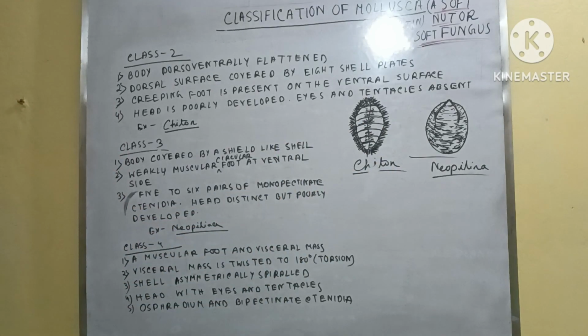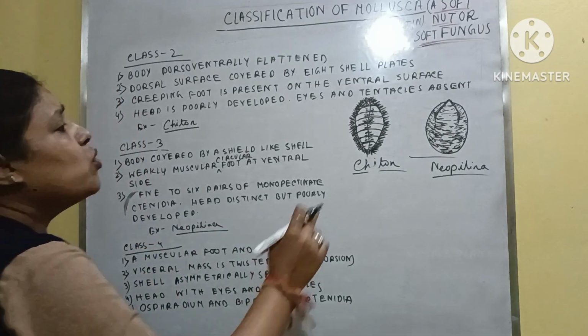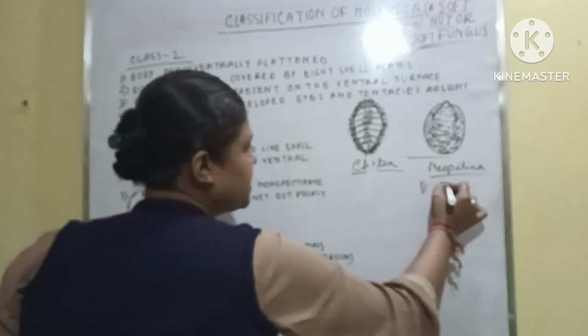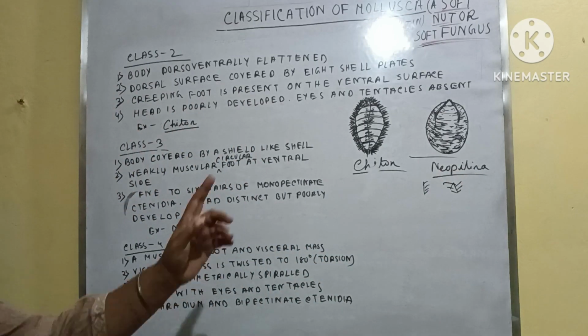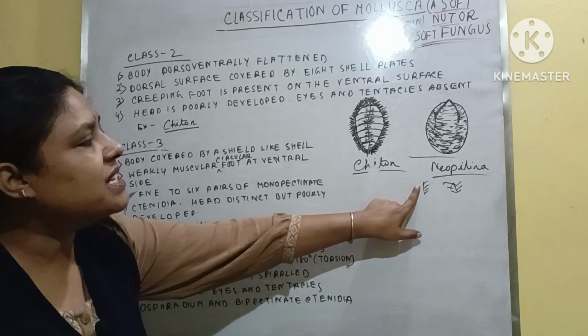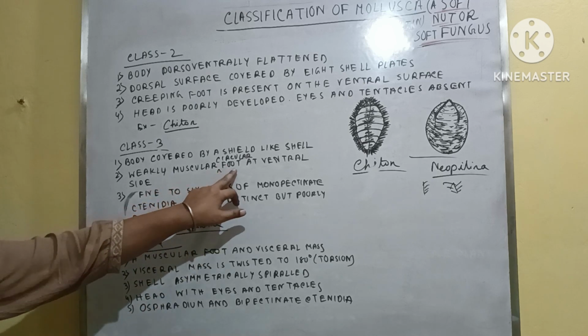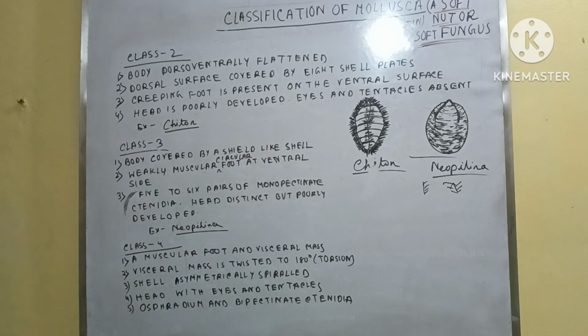Here the ctenidia, that means the gills, are also present in monopectinate form. Bipectinate means the gill rays are present on both sides, and monopectinate means only one side. The third point is the foot, a circular and muscular foot, present at the ventral side.